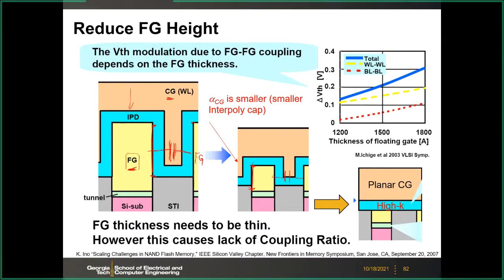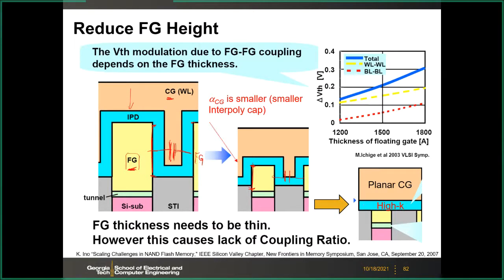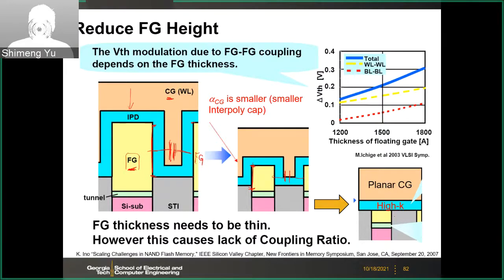Ultimately, you can have a flat, called a planar control gate. So the interpoly high-K material is only flat between the floating gates, and you won't have this direct coupling. So this can reduce the coupling ratio, and the cell-to-cell coupling.